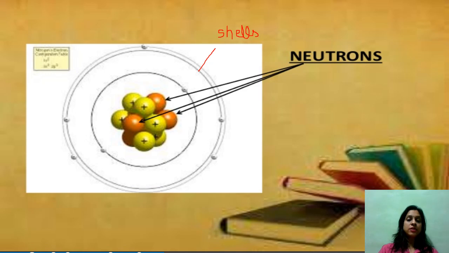These are known as the shells, and the red colored balls, if you can see, these are the neutrons, whereas this is a positive charge, so these are the protons.